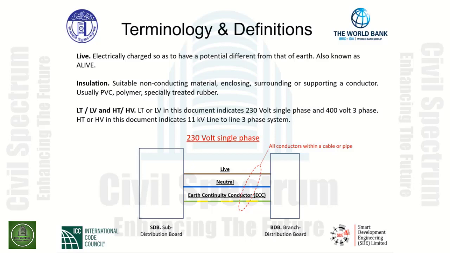The single phase is denoted by the color of the conductors as well, which we will cover in a later part of the code here. The live conductor is colored brown, the neutral is colored blue, and our earth continuity conductor is covered with a yellow and green bicolor identification.